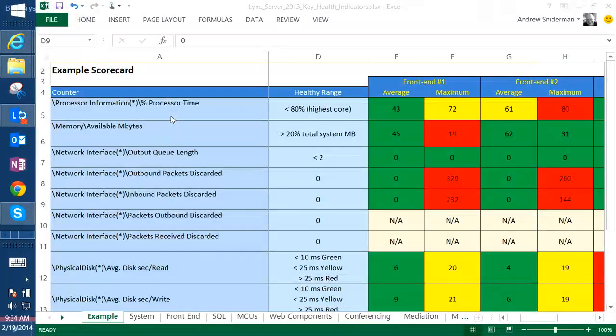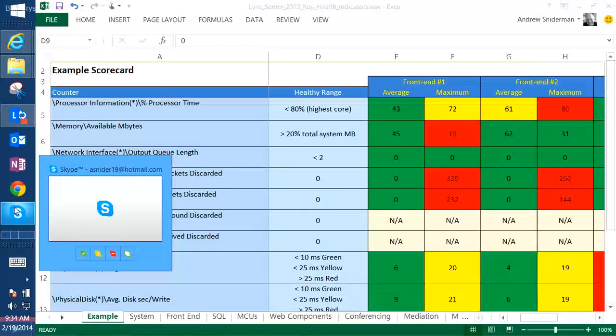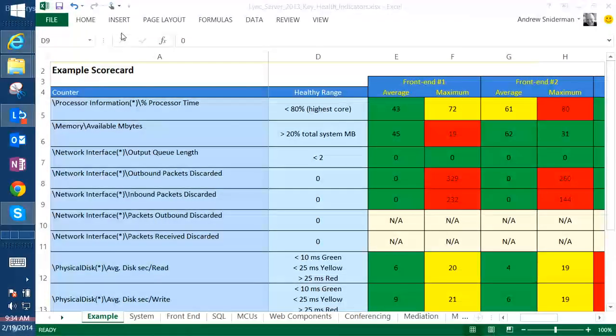It goes through all 10 areas and spits that out. It will also have a lot of documentation explaining what the problems are, helping you in troubleshooting, basically taking you through the process that Andrew has talked about.